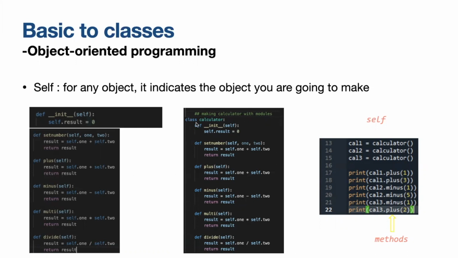And this class is made of plus, minus, multiplication, division, and we can set the numbers. So by using these methods and variables with the constructor, we can efficiently define the class, and we can instantiate objects by using these classes.